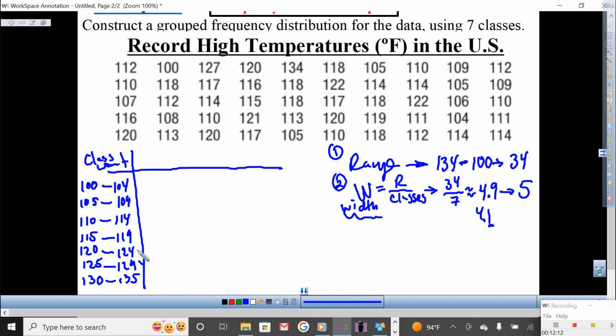All right. Now, before I continue, I want you to look at the classes, go one by one, look at them. Are there any gaps? Talk it over with your neighbor. Are there any gaps?